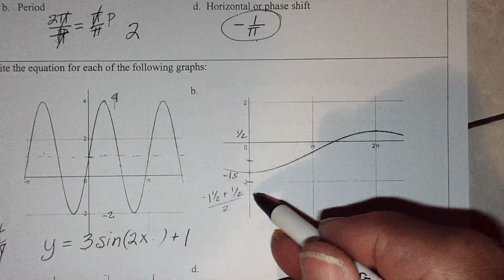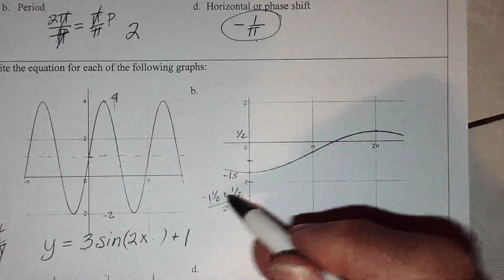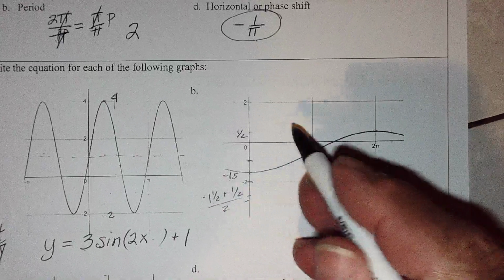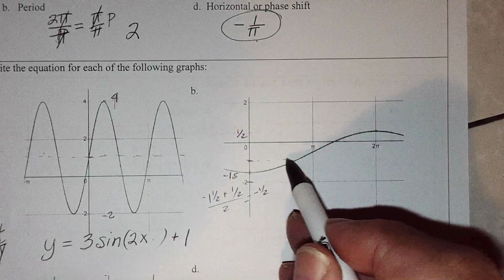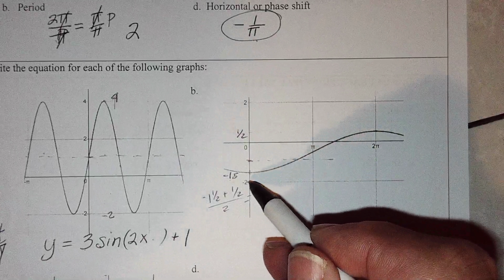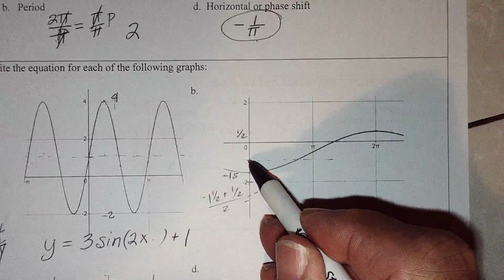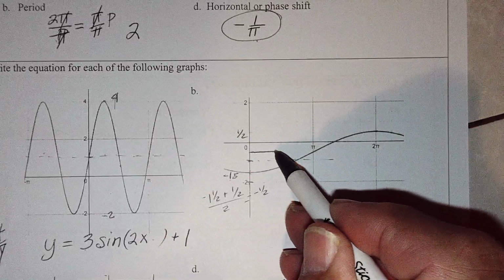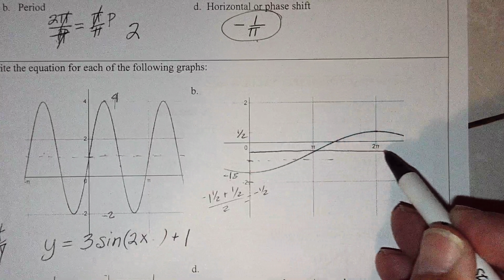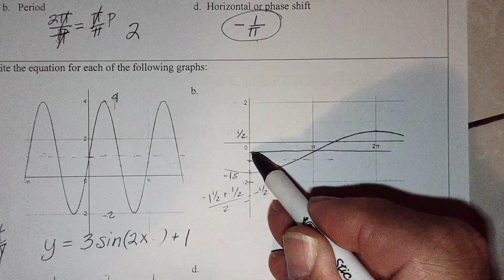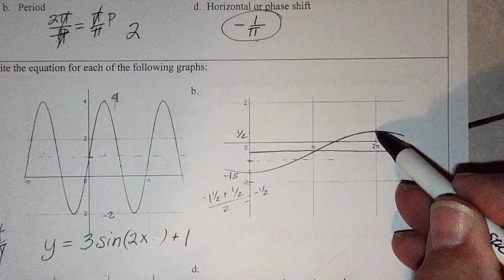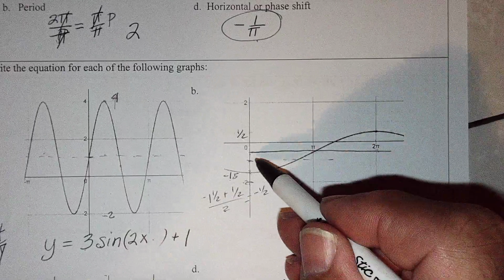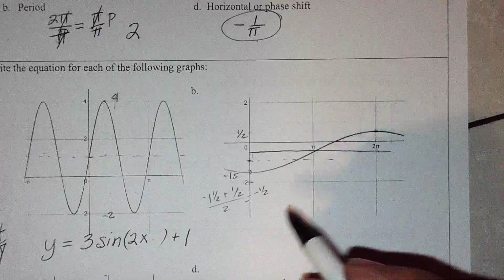If I divide it by 2, this adds up to be minus 1 divided by 2. It's minus 1/2. So that's the midline. And there's 2, there's 1, there's the midline at minus 1/2. It does look like it goes equally above and below that. In fact, it goes up 1/2 and 1/2. It goes one higher and one lower.